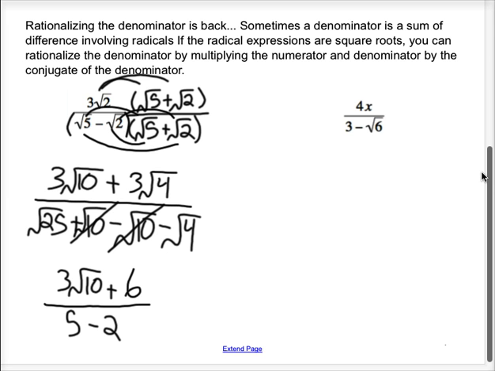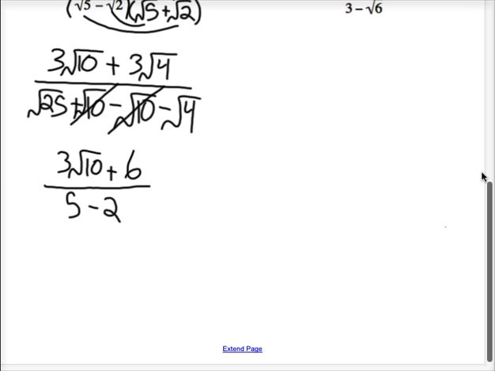So notice what happened when we multiplied by the conjugate. That bottom, we have 5 minus 2. So that's really just the number 3. We're dividing by 3. So we've successfully rationalized that denominator.